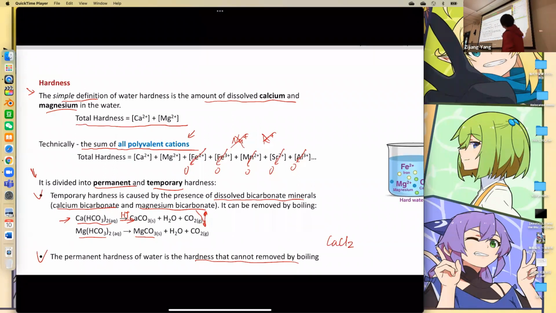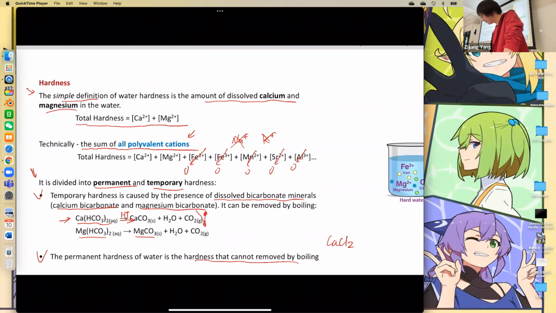Oh, sorry. So for this one, because the concentration of this species is relatively small in natural water, sometimes they can be ignored. Because they can be ignored, I just use 0 to note this. But if it was a problem, we would factor it in. Yes, you need to add that.